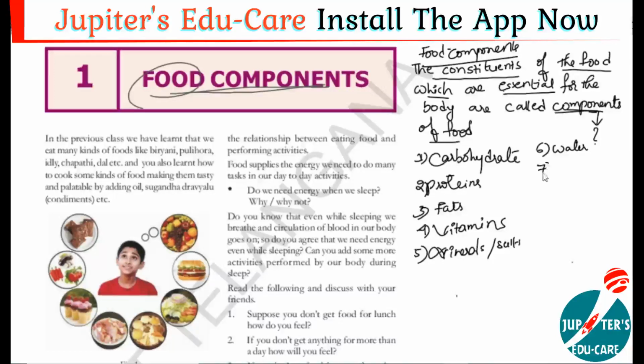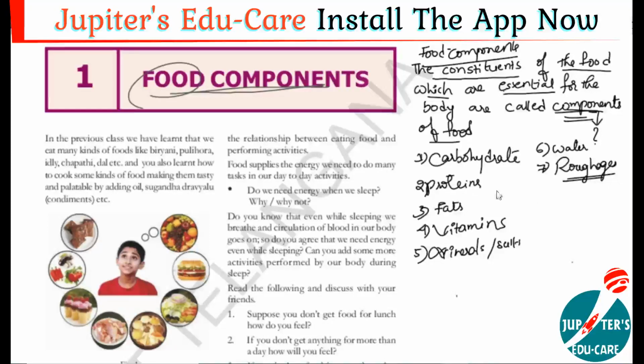And finally we have one more component, that is roughages. So these are the different types of food components: carbohydrates, proteins, fats, vitamins, minerals, water and roughages.